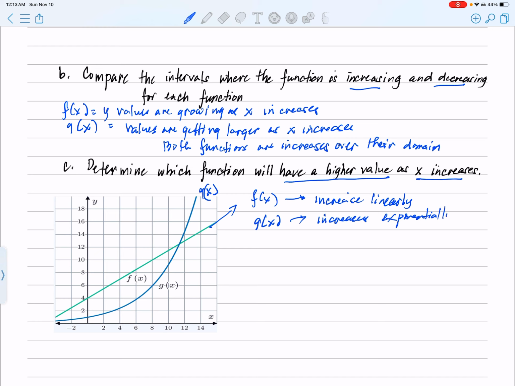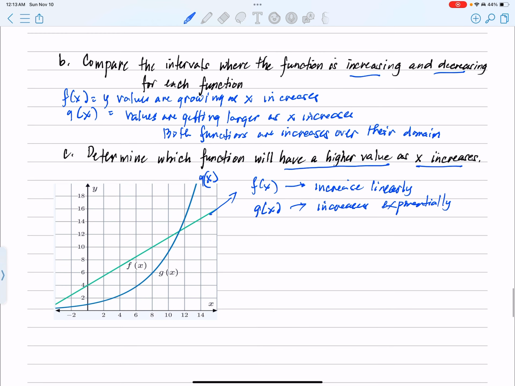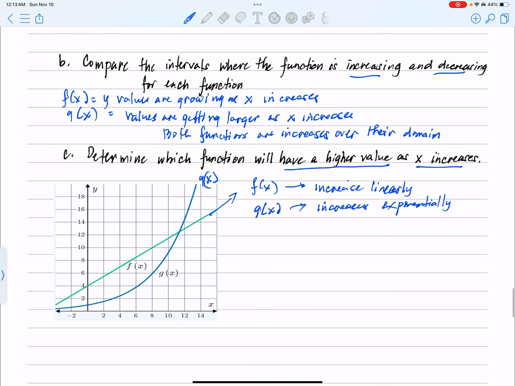So we can use what we know about the rates of change of linear and exponential functions to determine which one will exceed the other. f of x will grow by a constant amount, while g of x grows faster since it's multiplied.